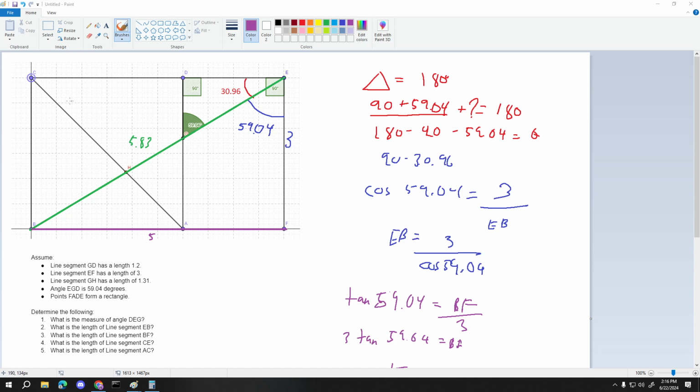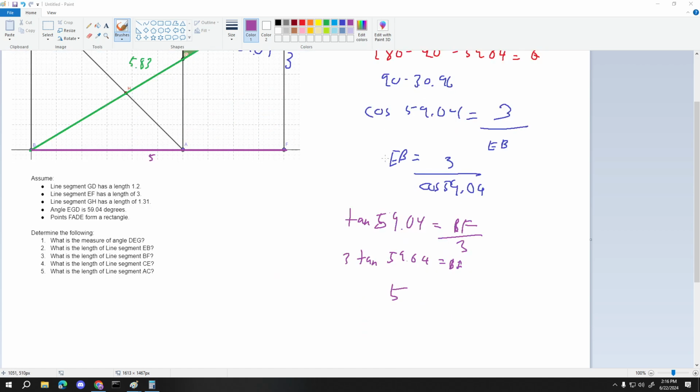We can't assume that this is a perfect rectangle, though we know this is 30.96 right here. And we know that 5.83 is the length of EB.